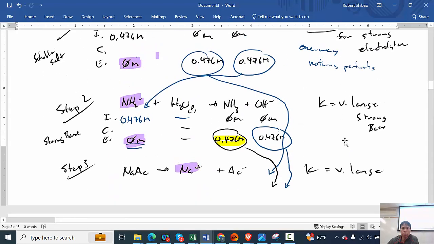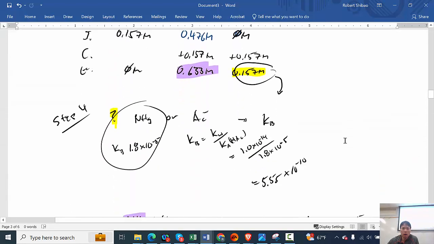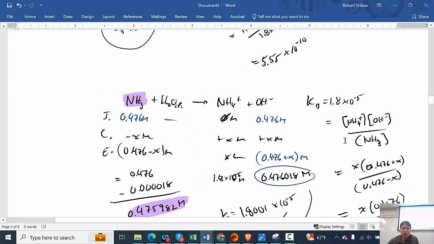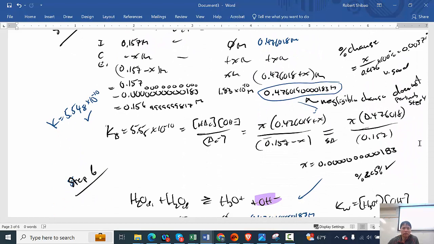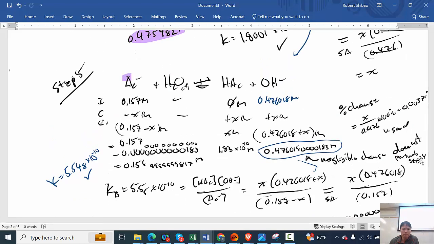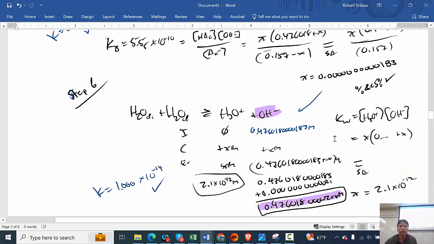Our acetate concentration goes down to here. Our acetic acid concentration stops here, and that's it. Or hydronium. Our hydronium ends up here.